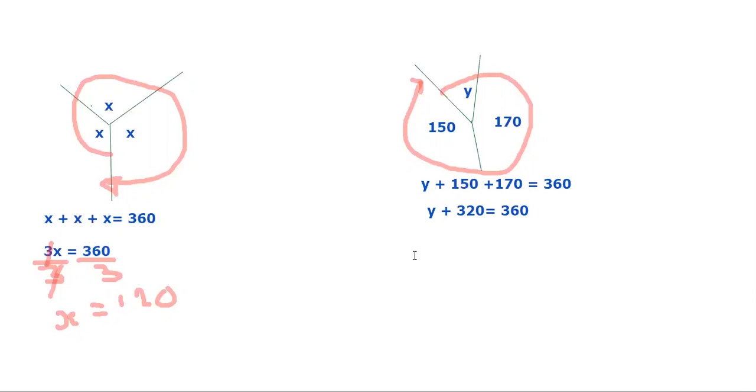Now if I take 320 to the other side, we'll have that y is equal to 360 minus 320. So this one gives you y is equal to 40. Y is equal to 40. As simple as that.